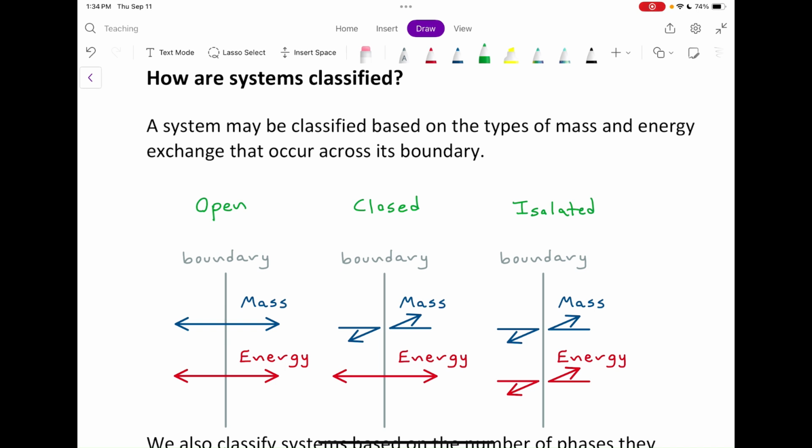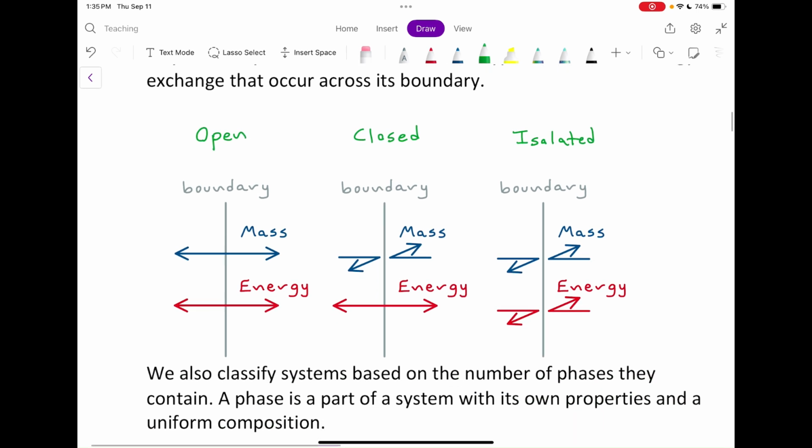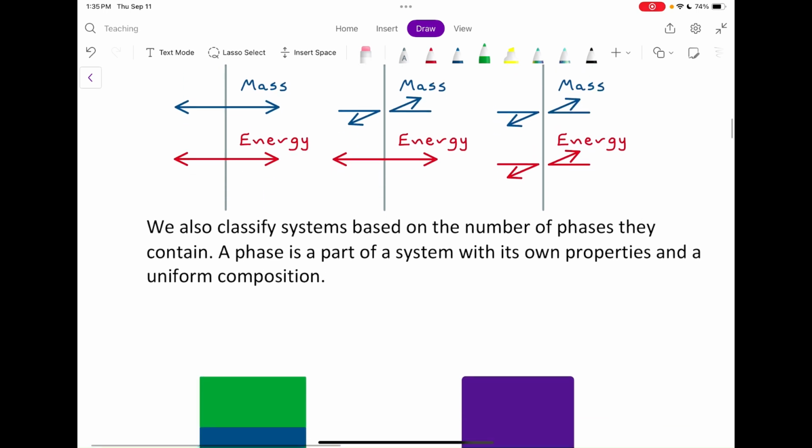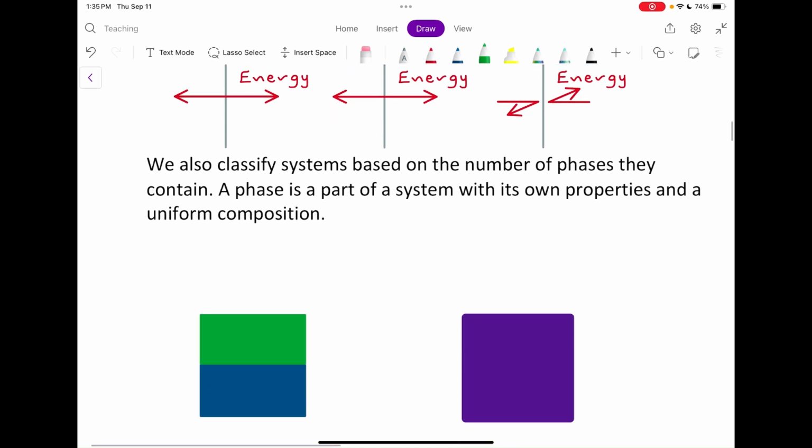Of course, this isn't the only way that we classify systems. We can also do this based on the number of phases that a system has. And when I talk about phases here, I'm not talking about solids, liquids, and gases, but I'm actually just talking about a part of a system with its own properties and a uniform composition.